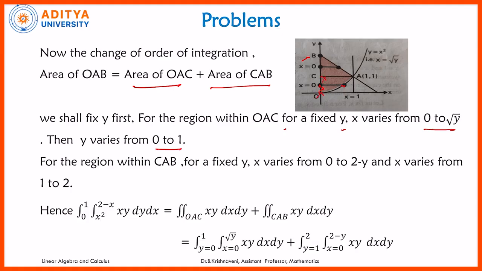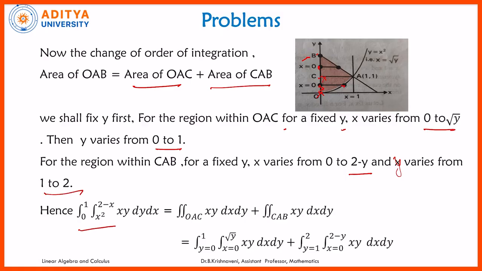Now along CAB, x varies from the y-axis, that is x is equal to 0, to the line, that is x is equal to 2 minus y, and y varies from this point to this point, that is 1 to 2.